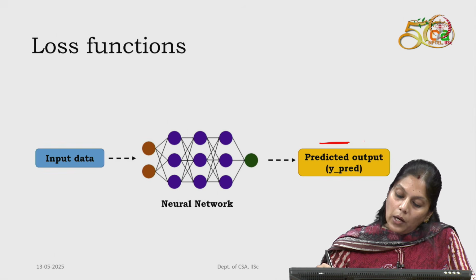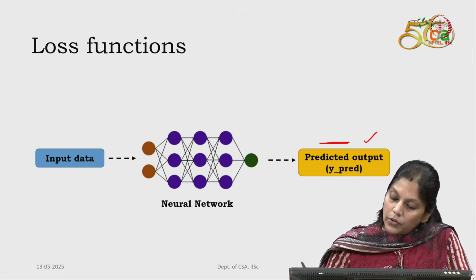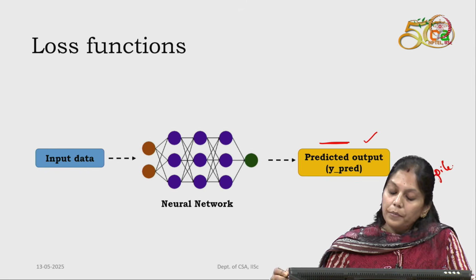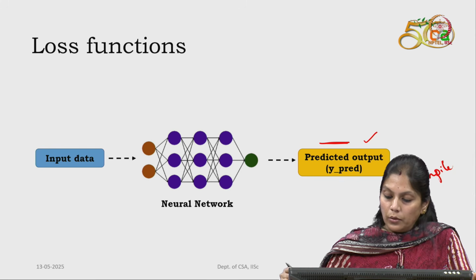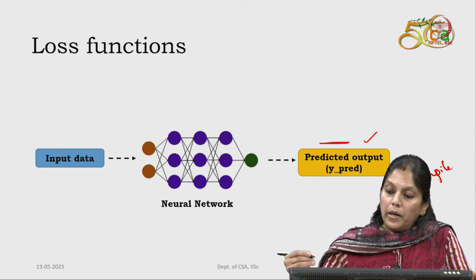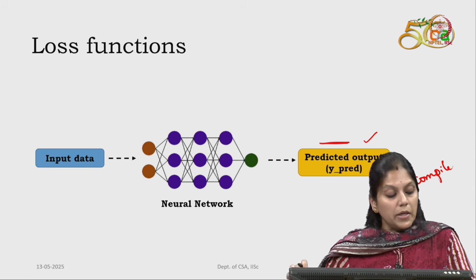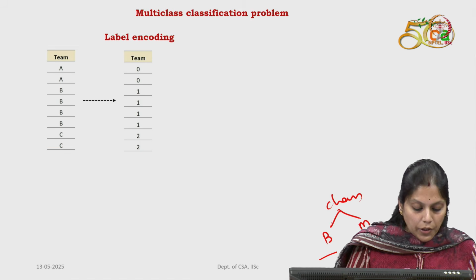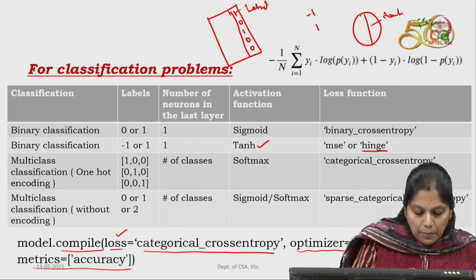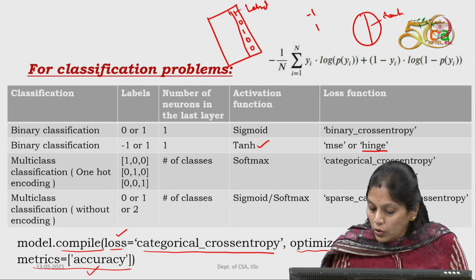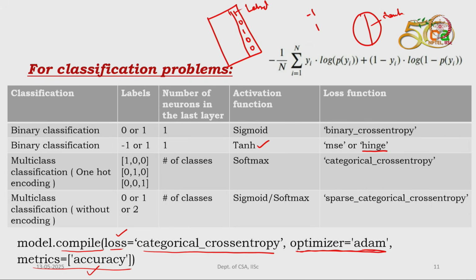Now, to get the output, do we not have to execute this? To execute, we use the function called compile. Once you execute it, you are going to get the output, and then we compare it with the ground truth, calculate the loss, and also see its metric. Therefore, for the compile function, we are passing a loss, a metric, and also an optimizer. That will be the last point we discuss in this session.